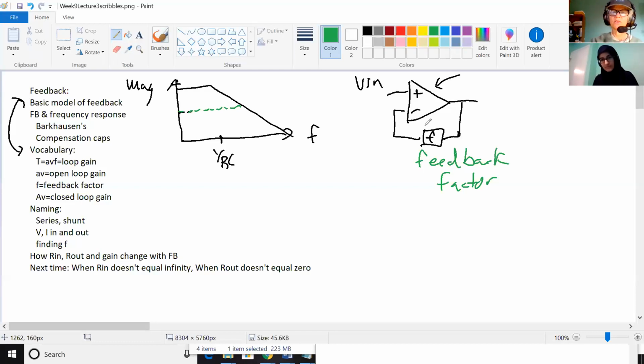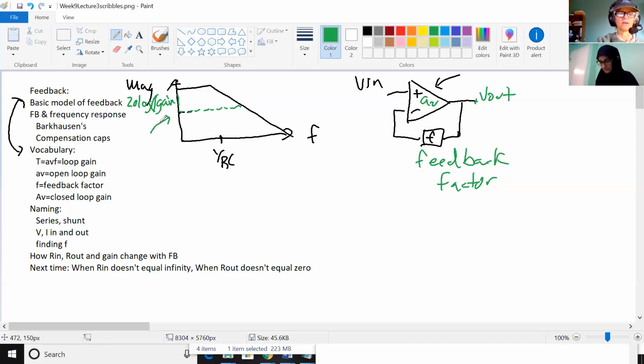So if your underlying op amp's gain is AV, then the feedback factor will make your gain from V in to V out less than AV. It never increases the gain, it always decreases the gain. And what's interesting here is this magnitude, again, it's 20 log of the absolute value of gain.